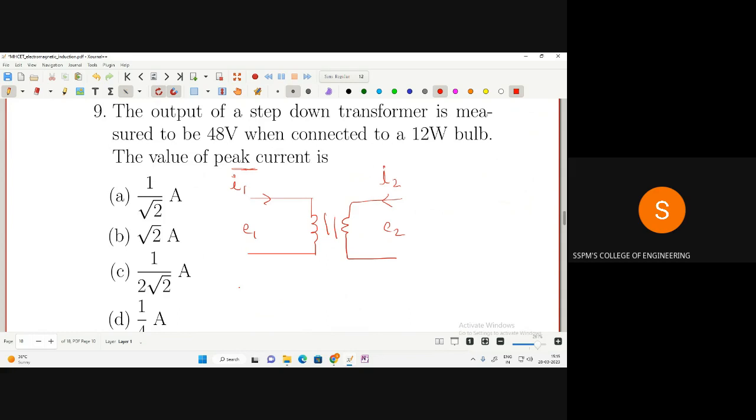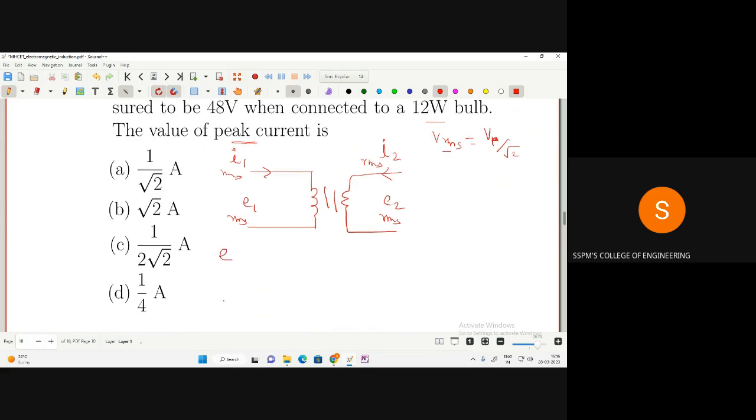What is the relation between RMS value and the peak value? Vrms is equal to the peak voltage, let's consider VM or VP, VP is the peak voltage divided by square root 2; this gives you the RMS. This relation is used to find the peak value of E. All these are RMS values of the voltages. Now the 12 watt bulb is connected to the secondary. What is given? Let us write: E2 is given, the RMS value of the secondary voltage, 48 volts.